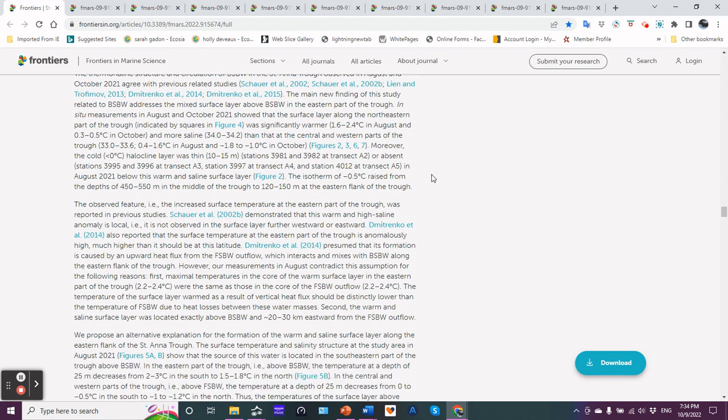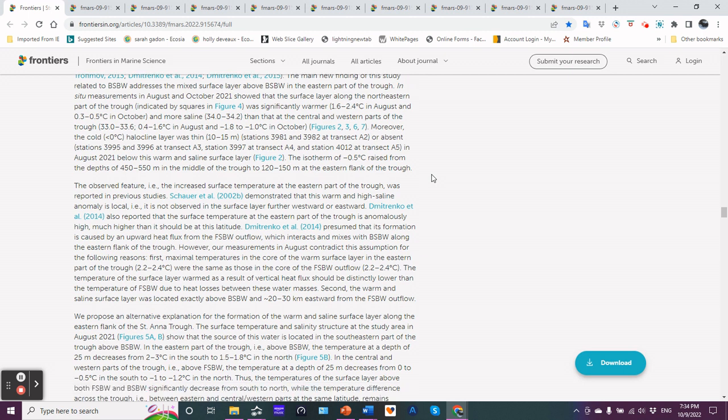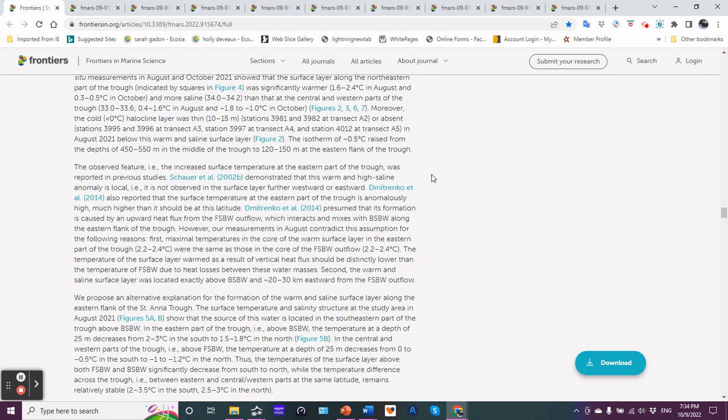Moreover, the cold, less than 0 C halocline layer was thin, 10 to 15 meters, or absent. The isotherm of minus 0.5 was raised from depths of 450 to 550 meters to 120 to 150 meters at the eastern flank. That's a wee bit of an increase.